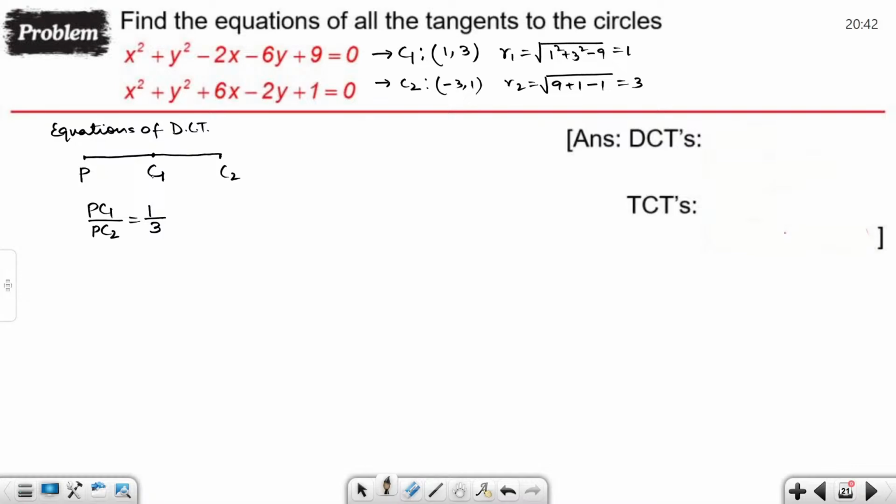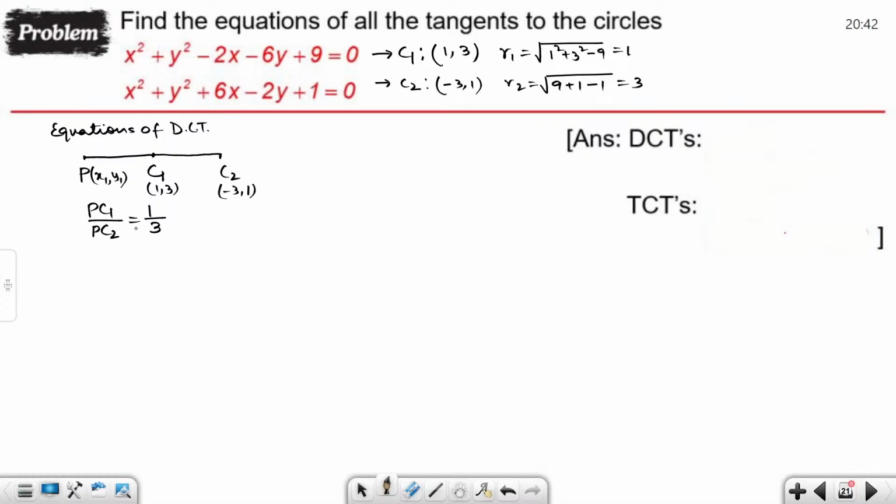So point C1 has the coordinates (1, 3) and C2 is having its center at (-3, 1). I need to find out the point P, let us say, (x1, y1). Now we know the ratio PC1 by PC2 is 1:3.